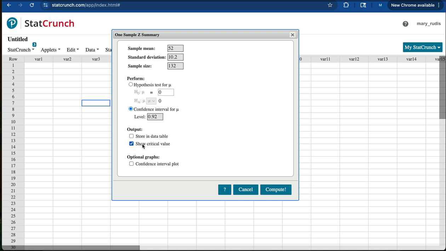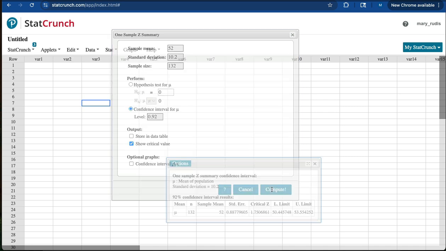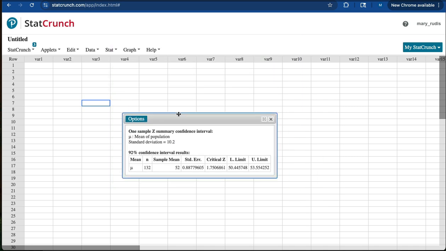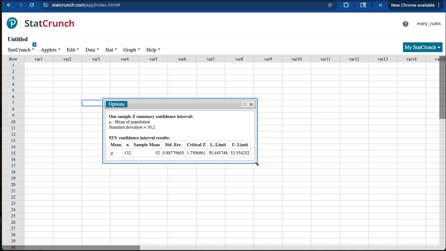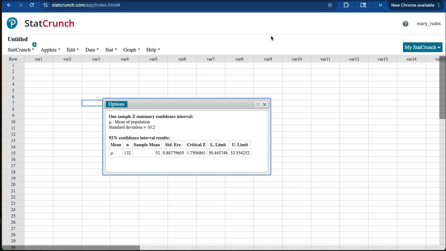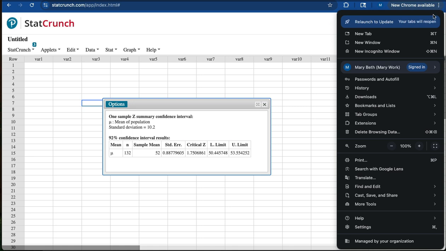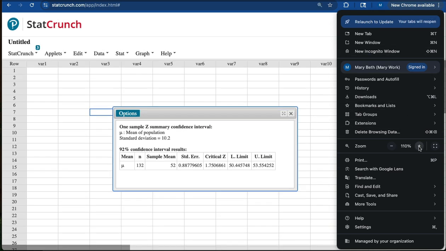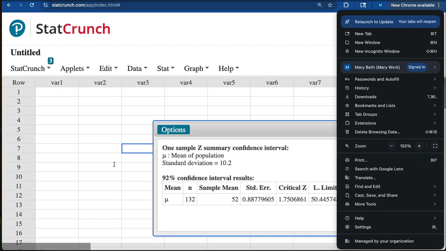I'm always going to check this box that says show critical value because you never know if you're going to be asked for that. And I'm going to hit compute. I really should zoom in on this a little bit. Let's get that to be a bit larger.